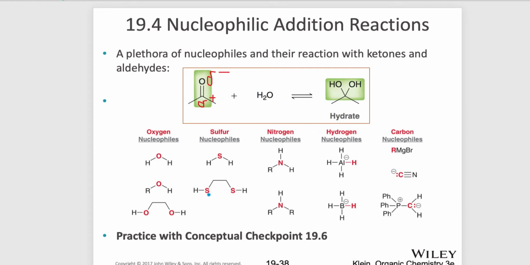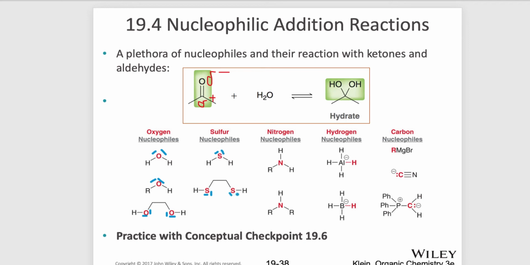In order to understand a nucleophile attacking the delta plus carbon here, we can now analyze a whole host of different potential nucleophiles. So oxygen, we only need one of the electron pairs on the water molecule. We can say the same thing of the alcohol. We can even have reactions with diols, as shown here. I'm just filling in all the electron pairs, and one of them is going to be necessary to launch a nucleophilic attack.